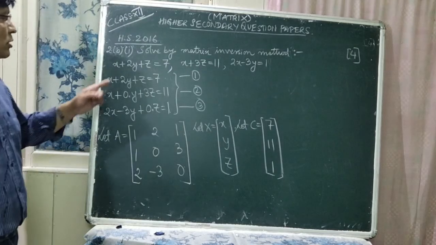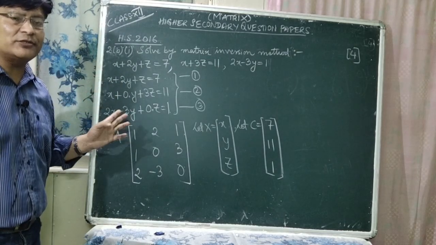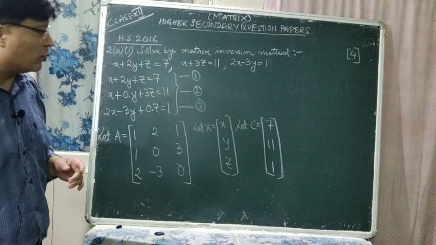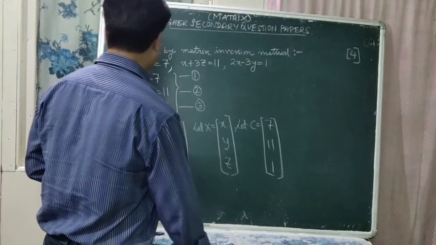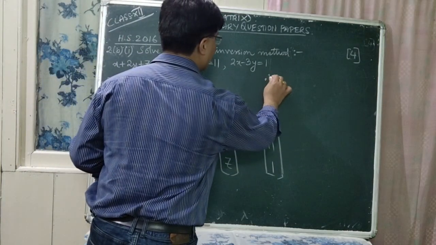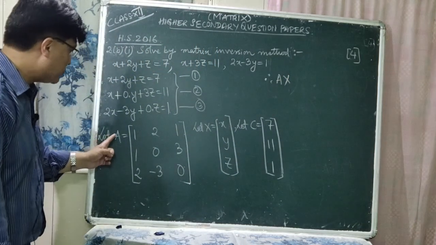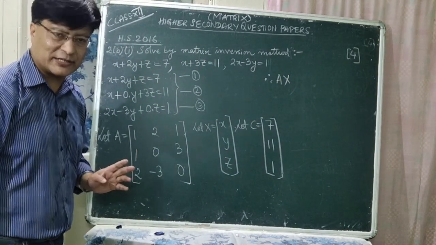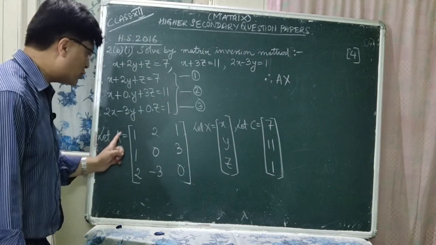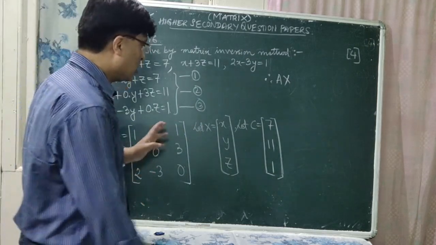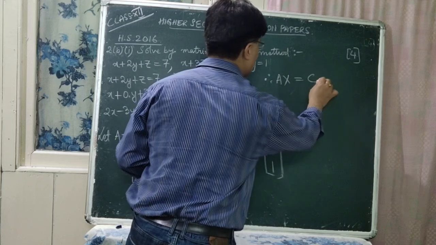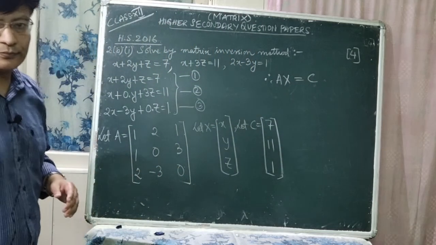Now you should write down these linear equations in terms of a matrix equation. So what is the matrix equation here now? Therefore, the matrix equation is AX equals C. This matrix A should be multiplied by matrix X, which is equal to the constant matrix.